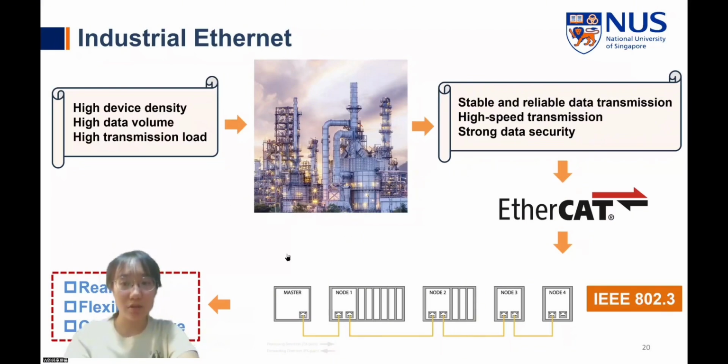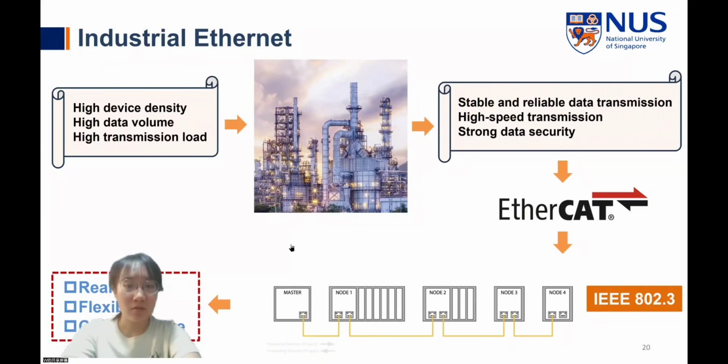During each cycle, the frame travels through all devices and returns to the master. The frame contains information for each slave, including address, command types, such as read or write, and process data.